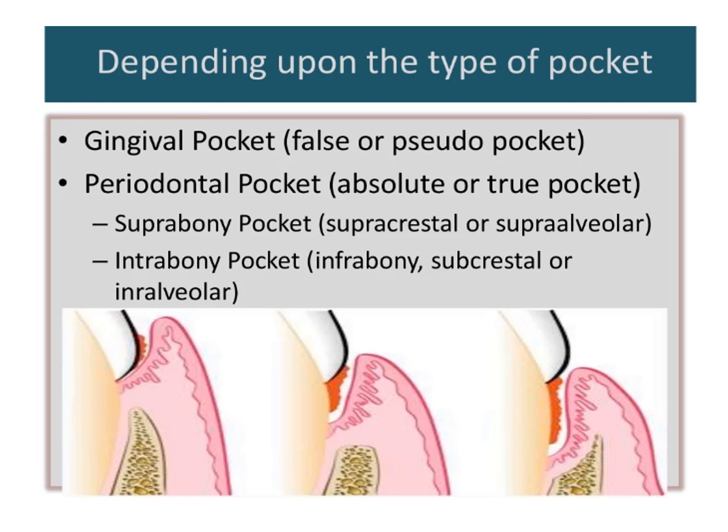A suprabony pocket is when the base of the pocket lies coronal to the crest of the alveolar bone, and an intrabony or a subcrestal periodontal pocket is when the base of the pocket lies below or apical to the crest of the alveolar bone, as can be appreciated in this figure.